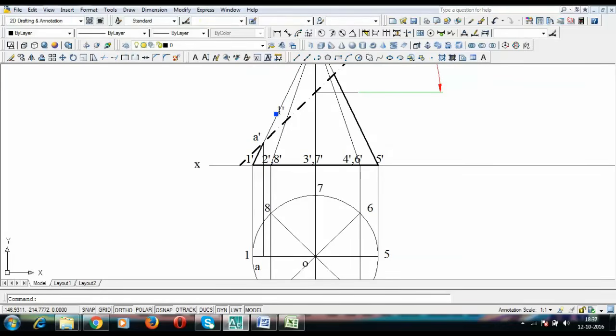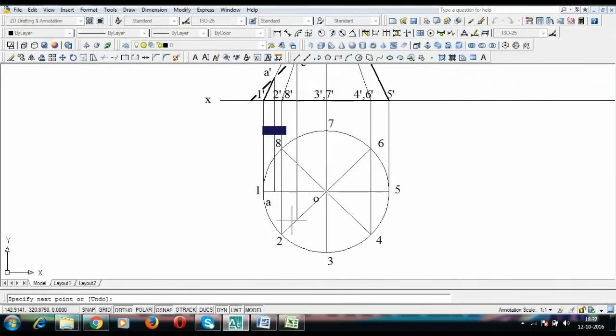So this is going to be B dash, and this over here is going to be C dash. I'm going to bring it down below, and it intersects somewhere here. So this is going to be point B, simply point B, and this over here is going to be point C.